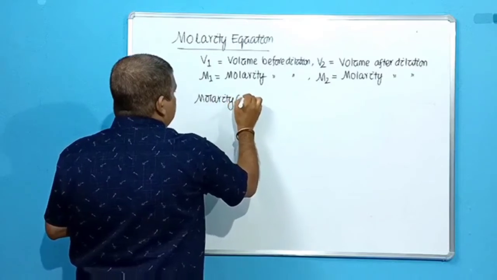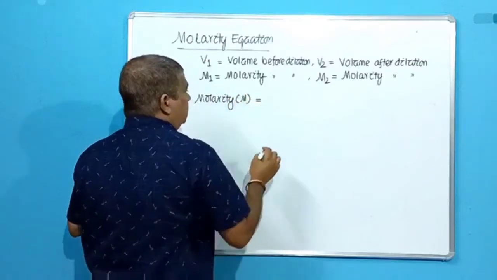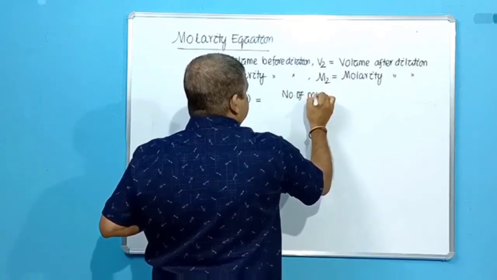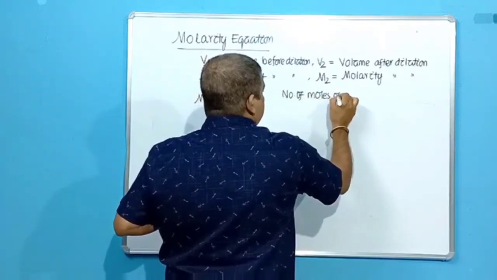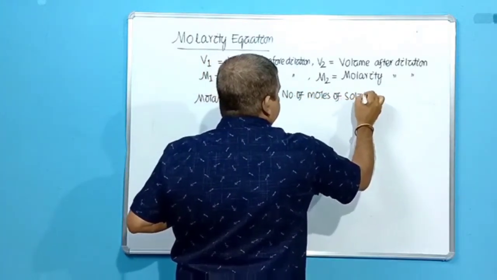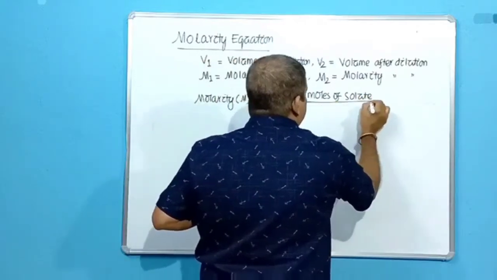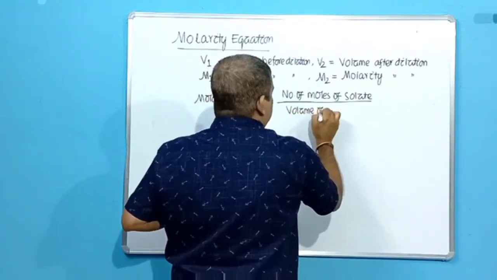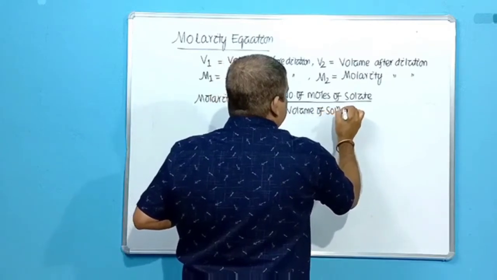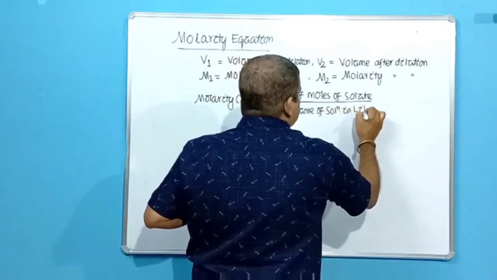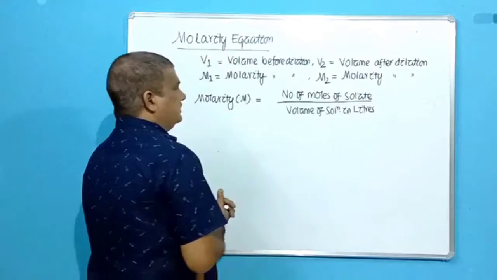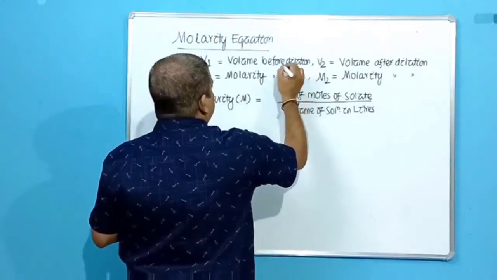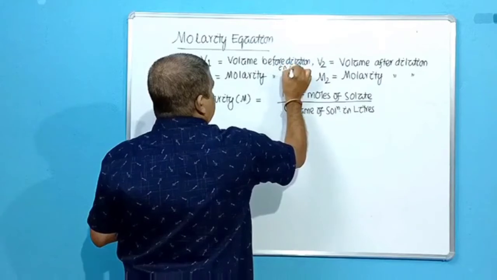Molarity, that is M, is equal to the number of moles of solute divided by the volume of solution in liters. So V1 is the volume before dilution in liters.